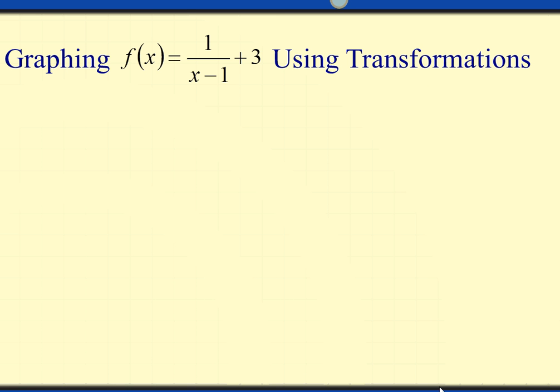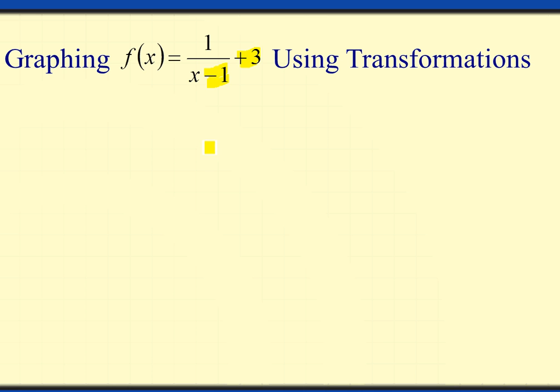Now, keeping that in mind, knowing what that looks like, we could create new functions and graph them using the concept of transformations. So if we look up above in our function here, if we didn't have this -1 and we didn't have this +3, what we would have is the graph of just 1 over x.